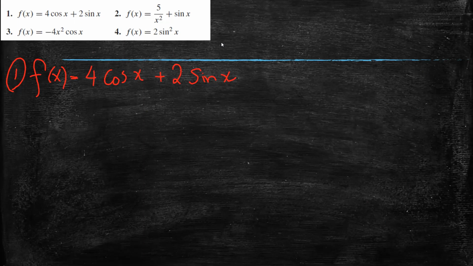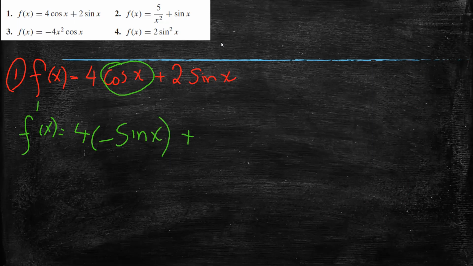Let's start. F prime of x: do you remember like when you say 4x squared, we keep the 4 outside? Here we have to do the same. Drop the 4 outside. Then what is the derivative of cosine? Negative sine.